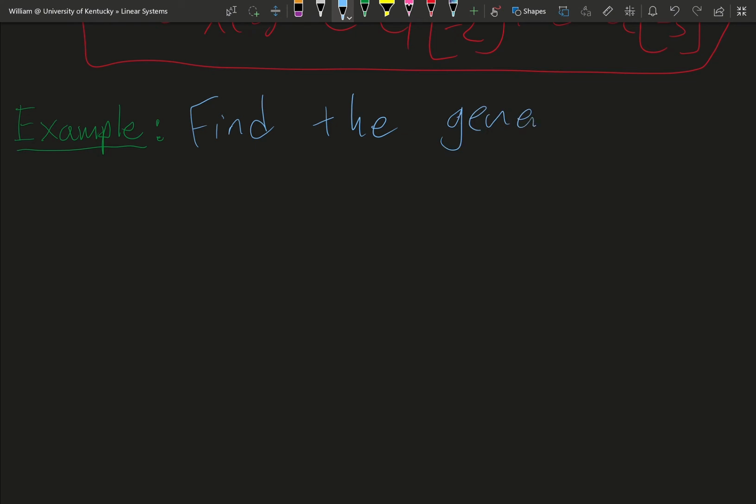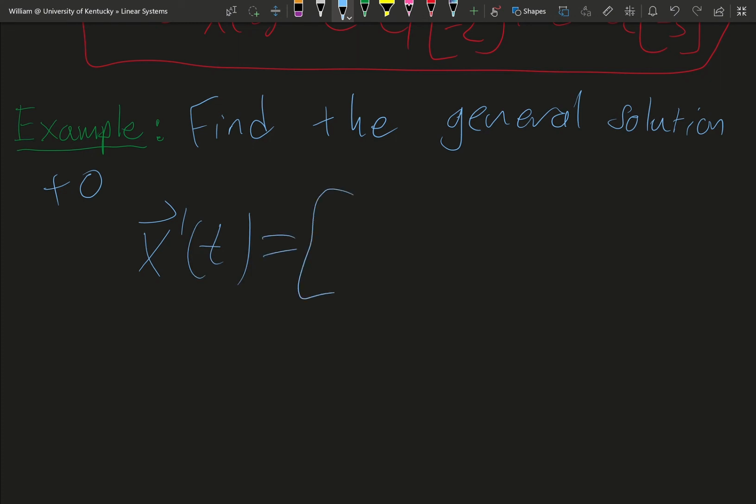So we're going to find the general solution to x prime equals the matrix 6, 18, 5, 15 times x of t.